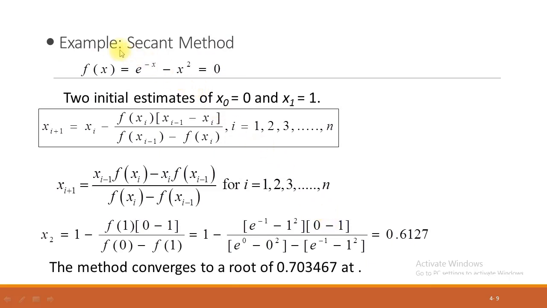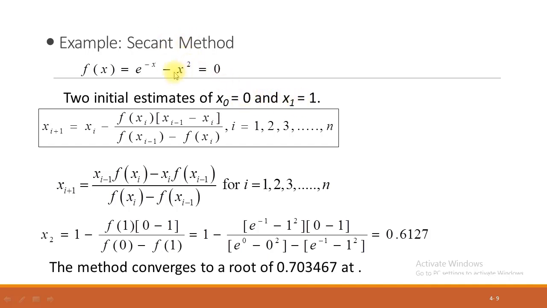Now let's move to an example for the secant method. This is a nonlinear equation. In the secant method, we have already discussed that we choose two initial values, suppose x0 and x1. For this nonlinear equation, f of x is equal to e power minus x square is equal to 0, we choose two values, x0 is equal to 0 and x1 is equal to 1.